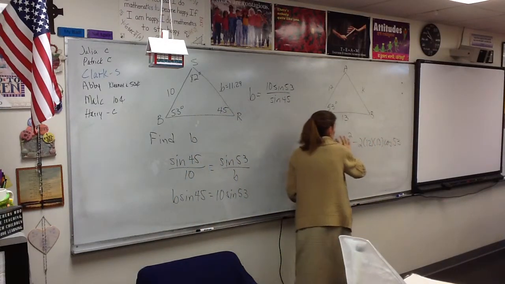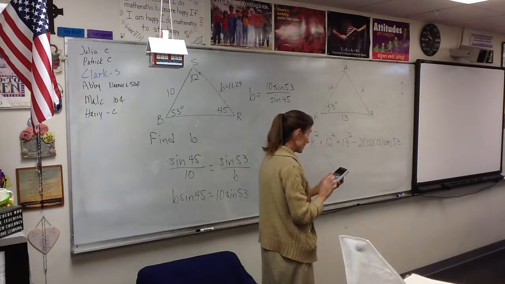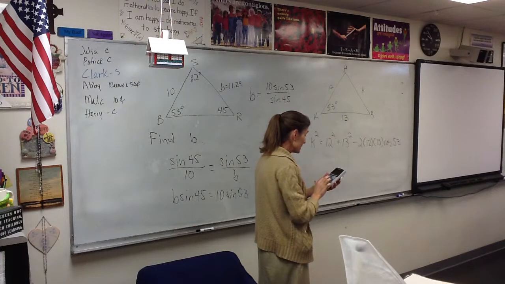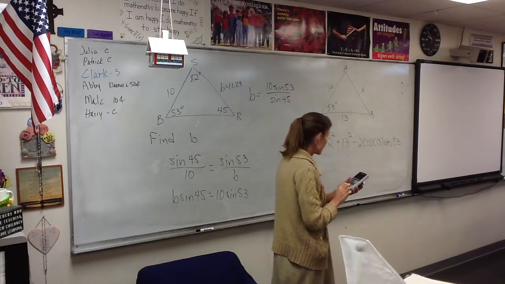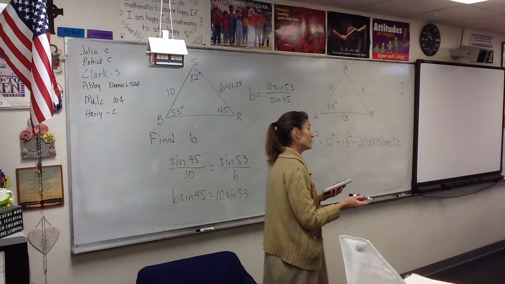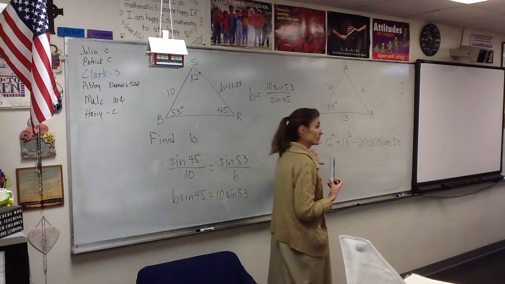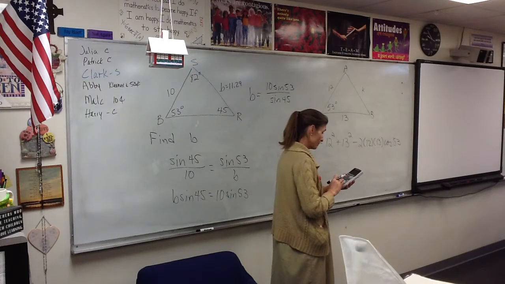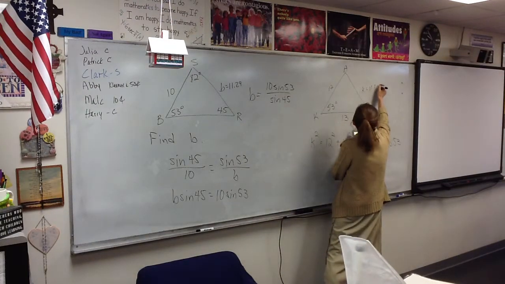There's no variables in there. 12 squared plus 13 squared minus 2 times 12 times 13 times cosine 53 equals. And then what do I have to remember to do with that number? Square root it. That one works out to be 11.19.